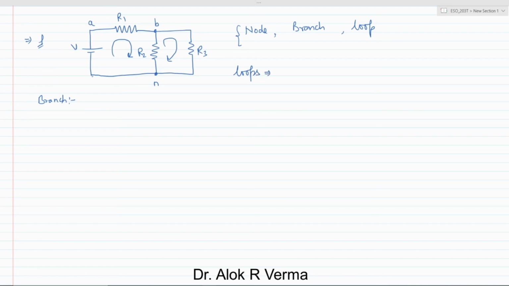N, A, B, N. And another loop can be, suppose here is C, N, B, C, N, or a bigger one, N, A, B, C, N.